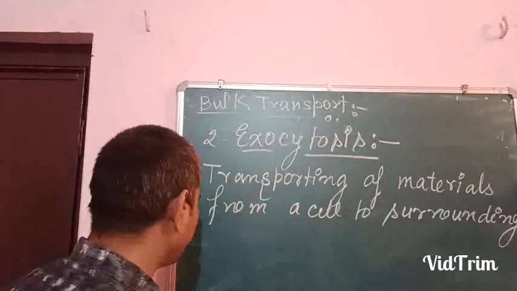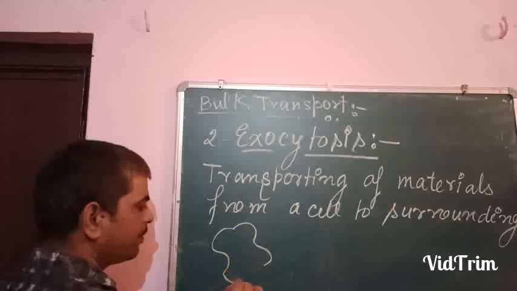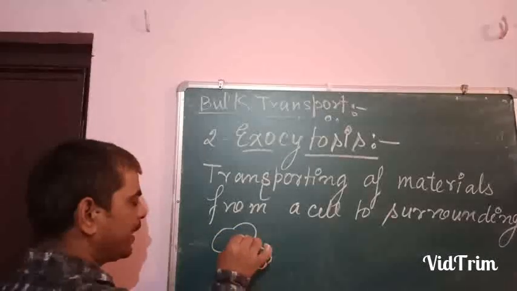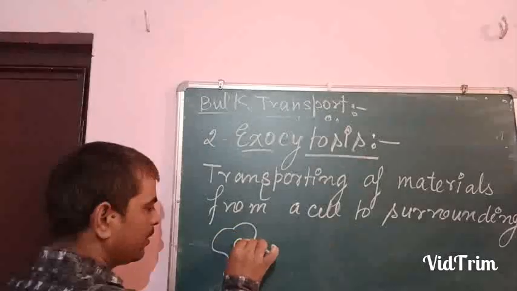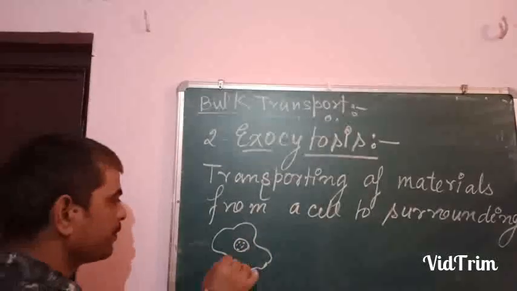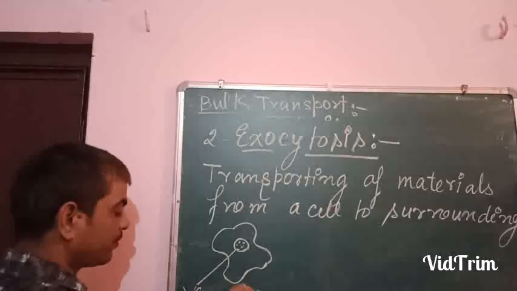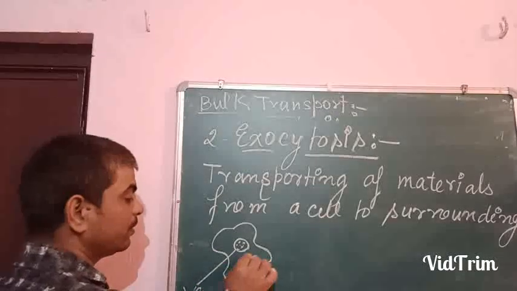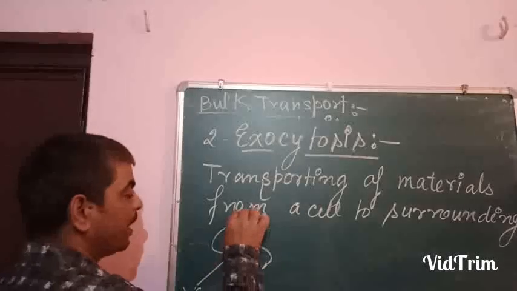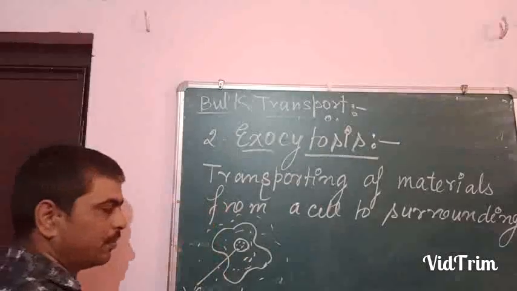You can take a similar figure here. Suppose this is the body of an amoeba. It has some waste materials in this vacuole. This is the cytoplasm, and this is the extracellular fluid, meaning the medium.